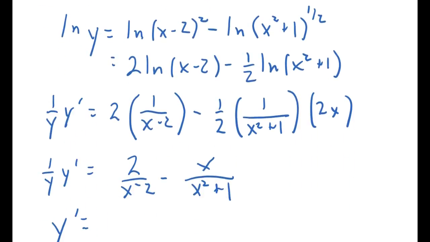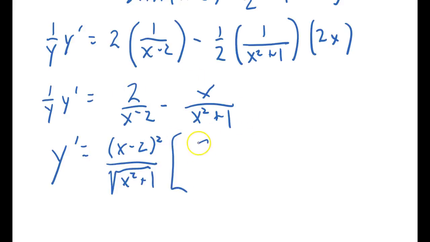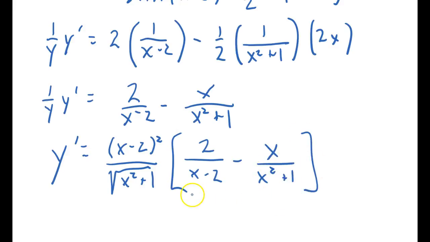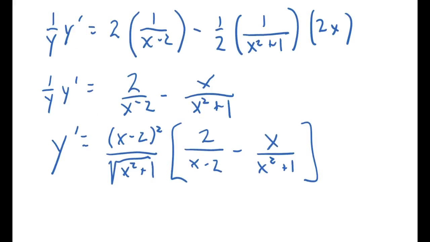So I'm going to put that in, so that's x minus 2 squared over the square root of x squared plus 1 times all of this, 2 over x minus 2 minus x over x squared plus 1, and that is the derivative of our original function. That's called logarithmic differentiation. You take a really complicated function and you use properties of logs to break it down into simple chunks to take the derivative of.